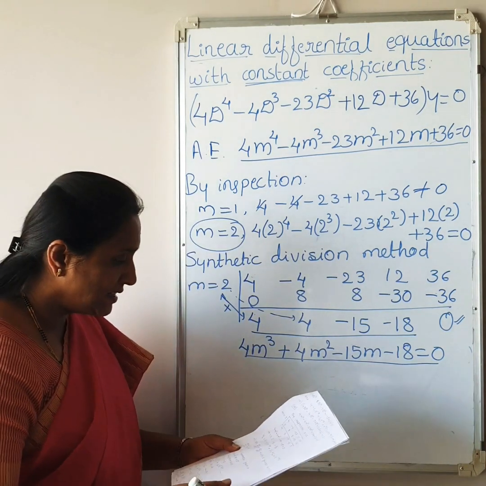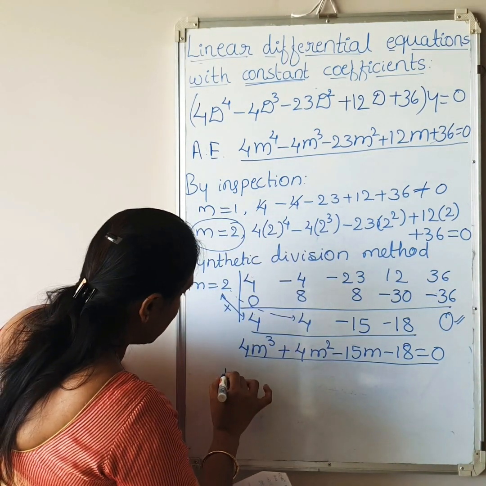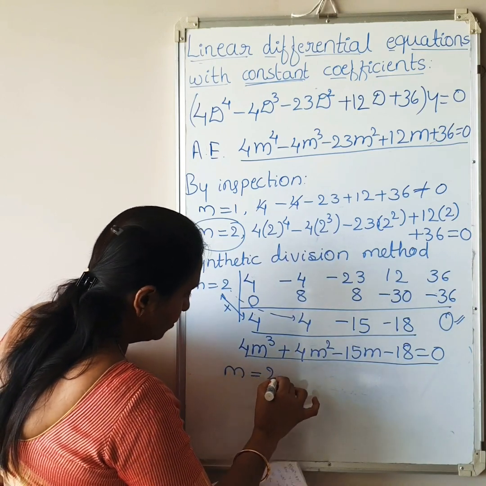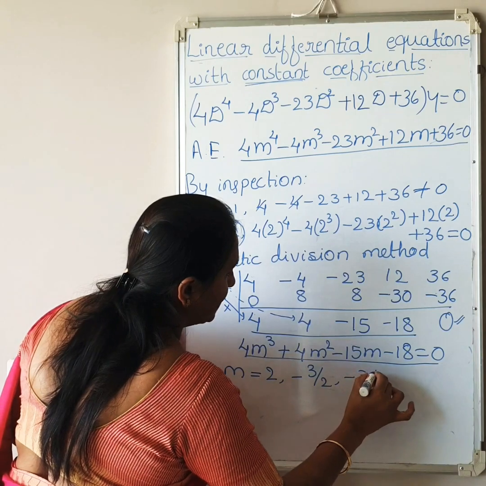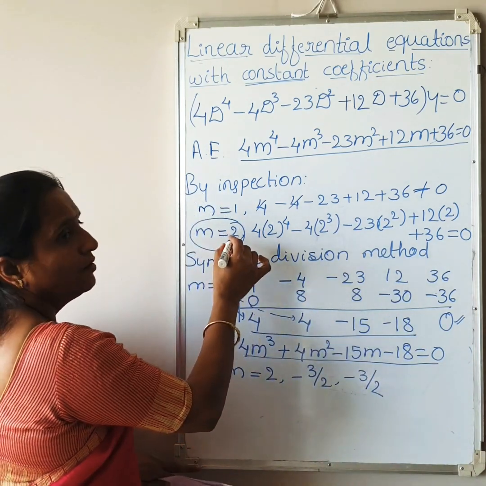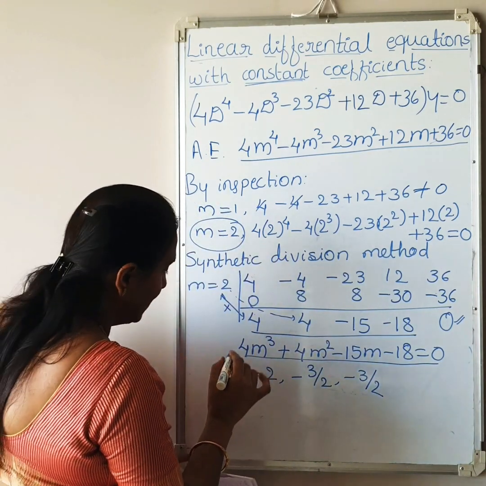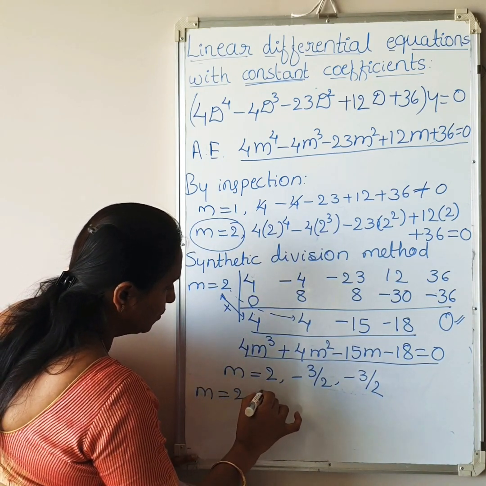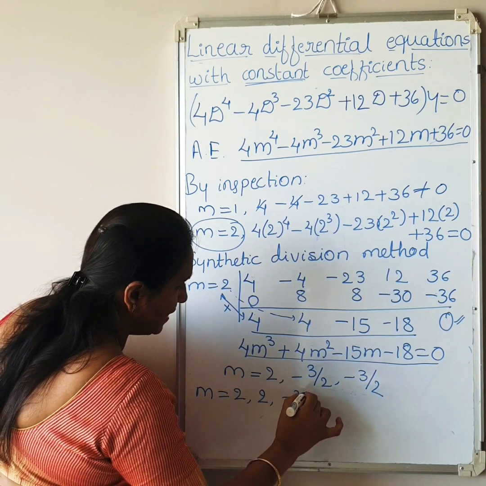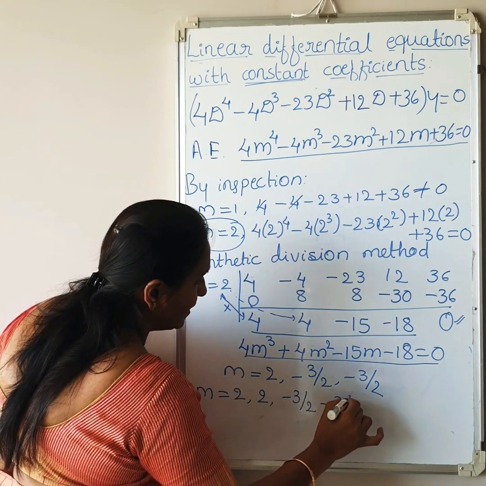By using calci, your answers will be m is equal to 2, minus 3 by 2, minus 3 by 2. So already we have one root. Then finally we have 4 roots, those are 2, 2, minus 3 by 2, minus 3 by 2.